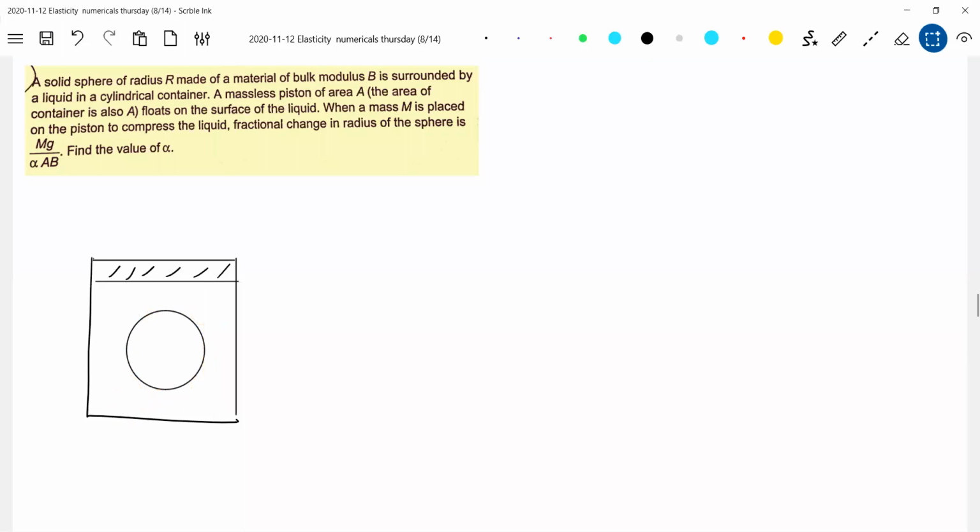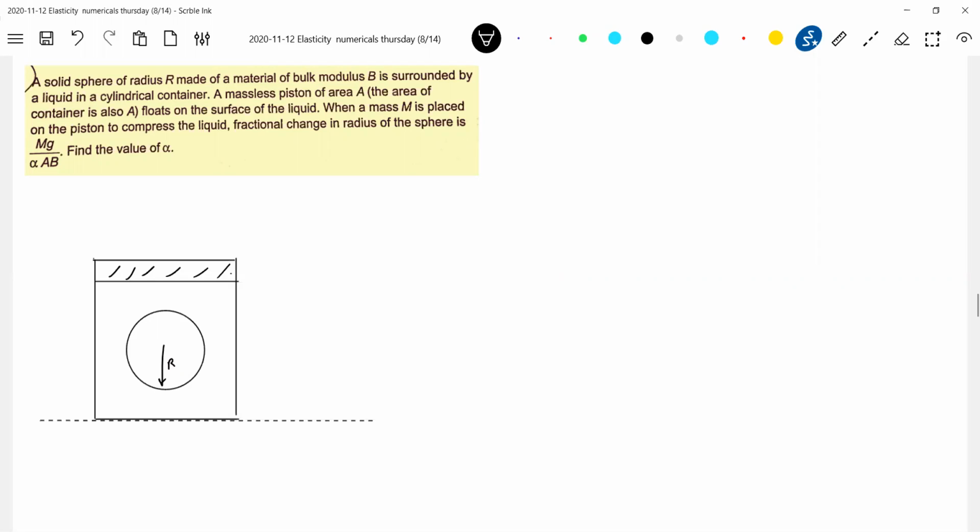Let's take it like this. So what is the radius earlier? Say R naught, or let it be R. This is the massless piston, which floats on the surface of the liquid.